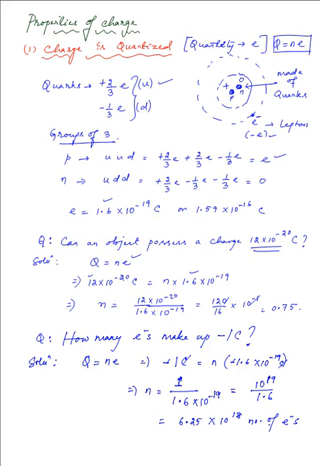It is usually the transfer of electrons because, as I said, the protons are deeply bound within the nucleus, bound by the strongest force in nature, that is the nuclear force. So it is highly unlikely that any kind of charge has been possessed due to transfer of protons.